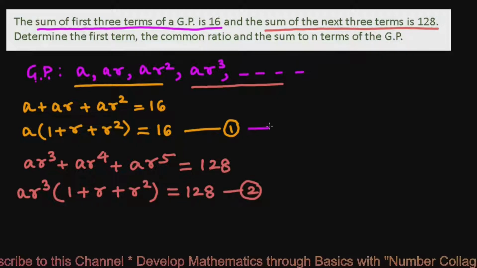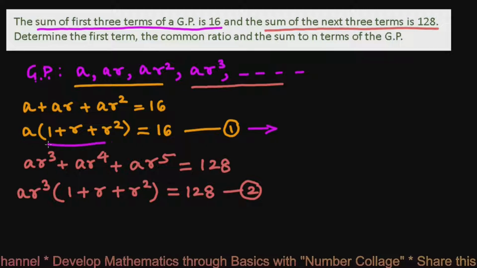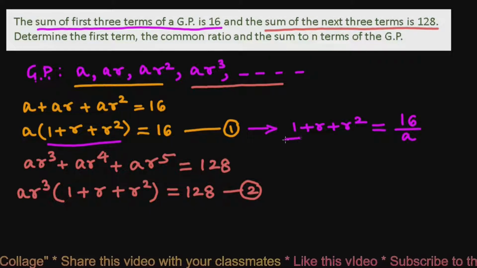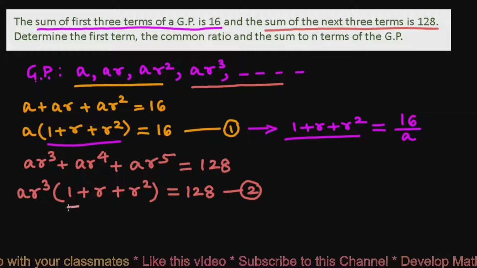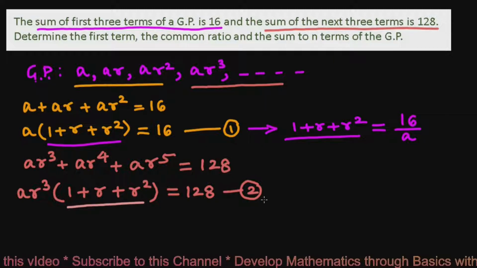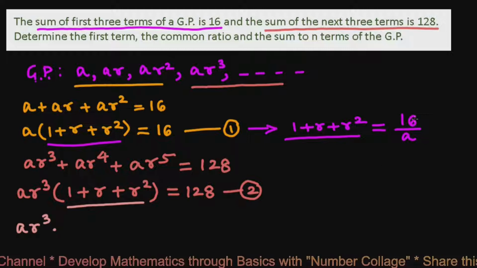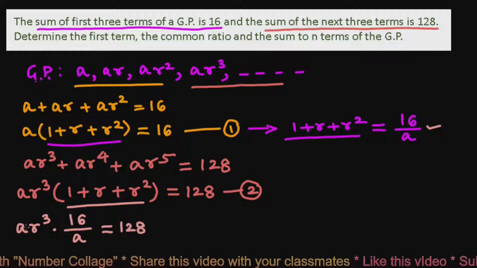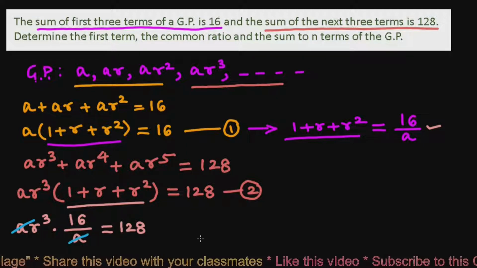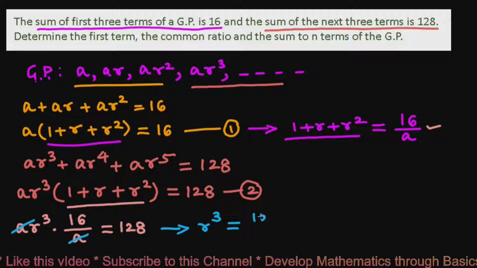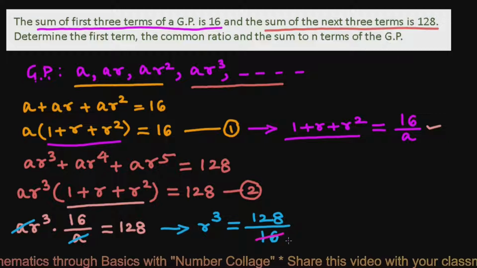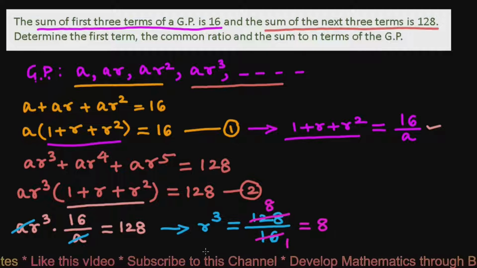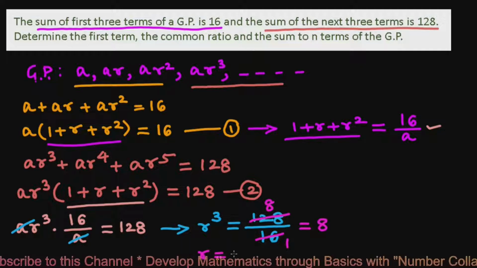Now from the first equation, we get the value of 1 plus r plus r square as 16 upon a, and we will use this value in the second equation. So equation 2 becomes ar cube into 16 upon a equals 128. Now this a cancels with this a, and we get r cube equals 128 upon 16. This will be 16 ones are 16 and 16 eights are 128. So r cube will be 8. That gives r equals cube root of 8, that is 2.